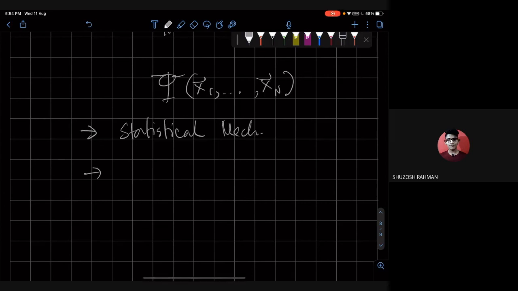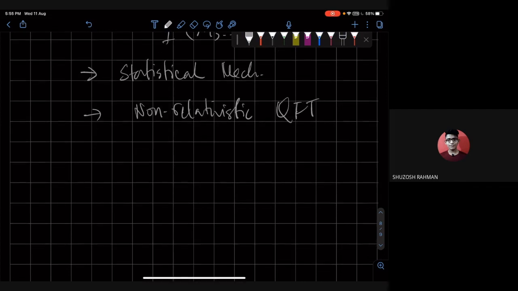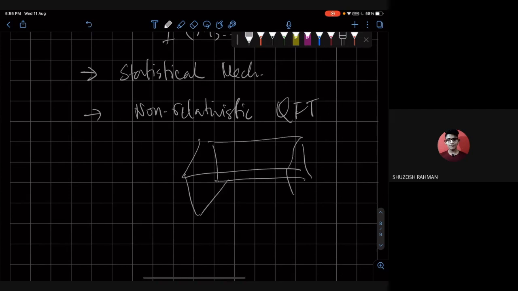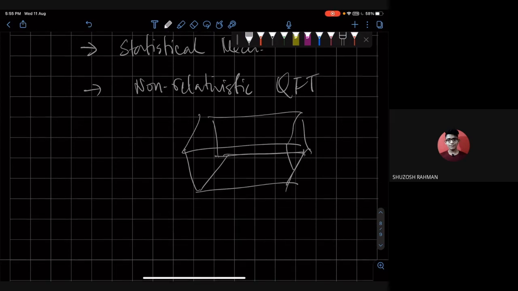Or we can even go to non-relativistic quantum field theories. So for example, lattices and condensed matter systems can have excitations which are essentially quantum versions of sound waves in matter, and they are known as phonons.